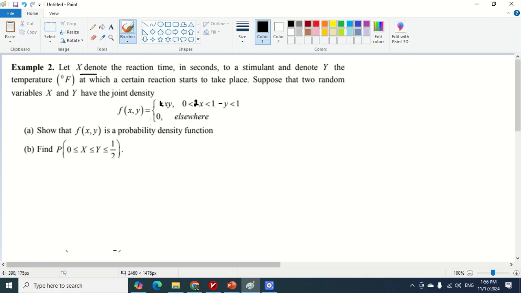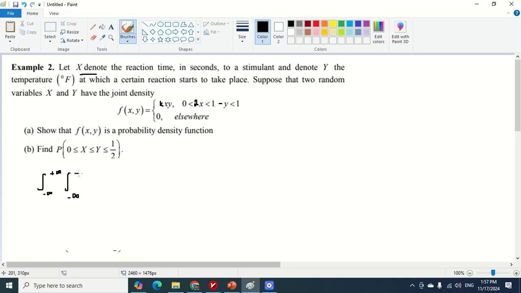At the beginning of this question, we want to verify which value of k can lead us to a probability distribution function, meaning we should take a double integral of the given function to calculate the value of k. We use the second property of a joint probability distribution function: based on the definition, the integral from minus infinity to plus infinity over all the region that we have, a double integral of the function, should be equal to 1.